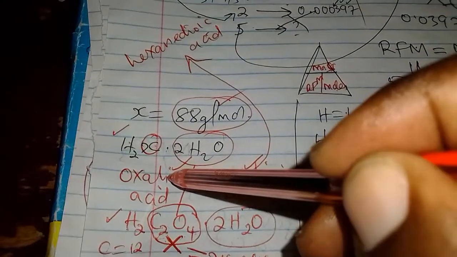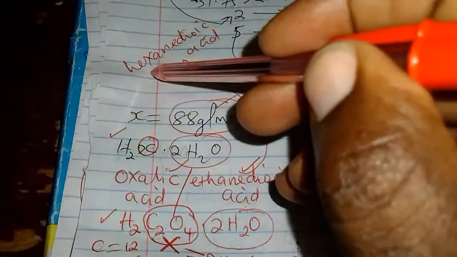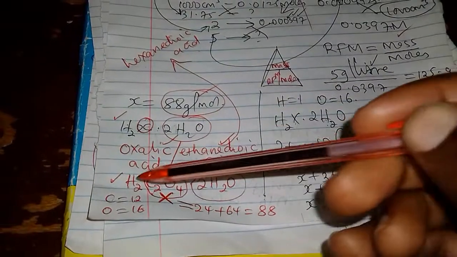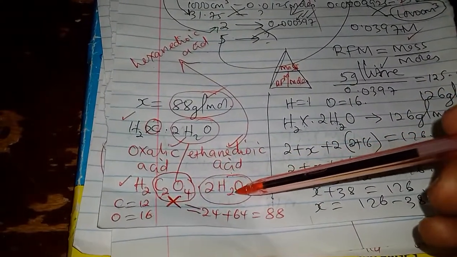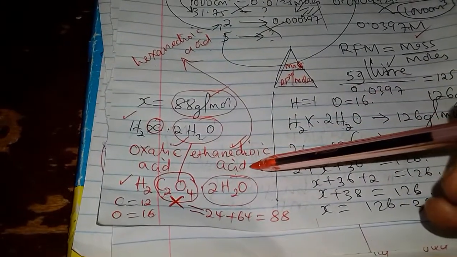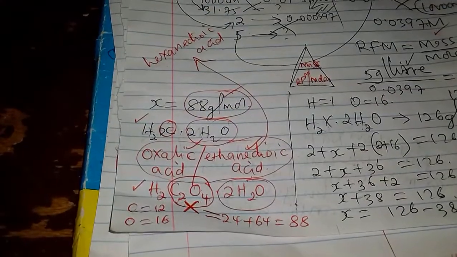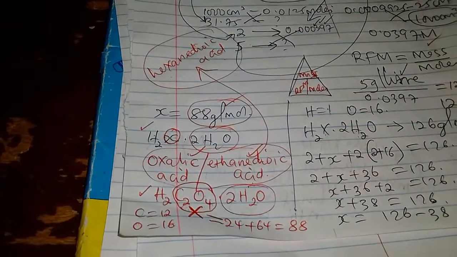But if oxalic acid or ethanedioic acid is not present, they can use hexanedioic acid in the titration. So H2C2O4.2H2O, oxalic acid or ethanedioic acid. If this is absent, titrations can also use hexanedioic acid.